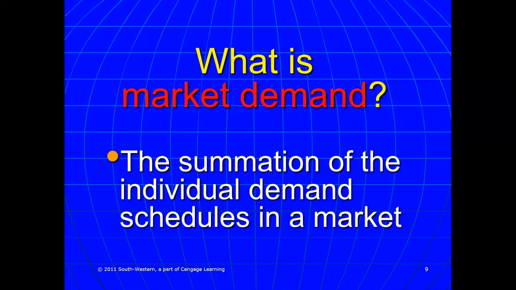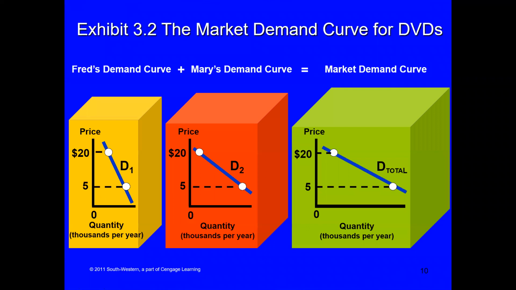You might buy 0. I might buy 1. So then, assuming that the 3 of us make up the market for DVDs, that would be 4 plus 0 plus 1. Market demand at $20 per DVD would be 25. And that would be the summation of the individual demand schedules in a market.